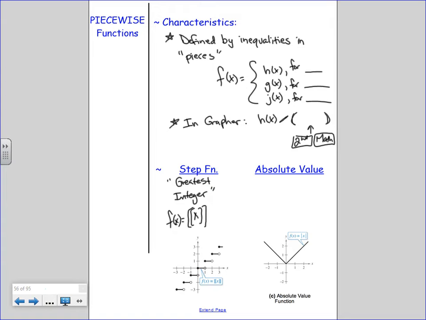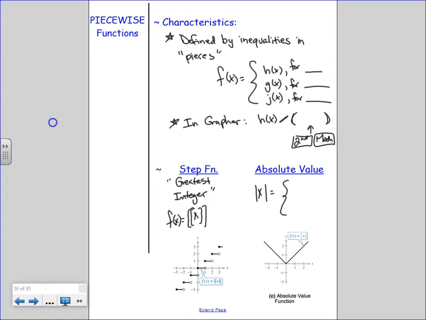For absolute value, I am going to go ahead and show who it really is. There are these nice little straight bars, and we know, okay, put in a positive, stay positive, put in a negative, it comes out as a positive. We know what it does, but how do we write that algebraically?